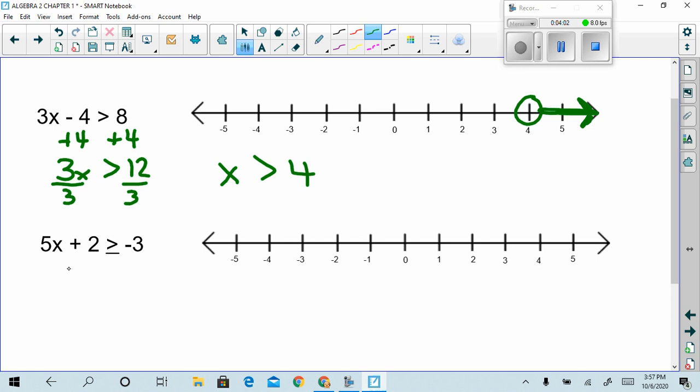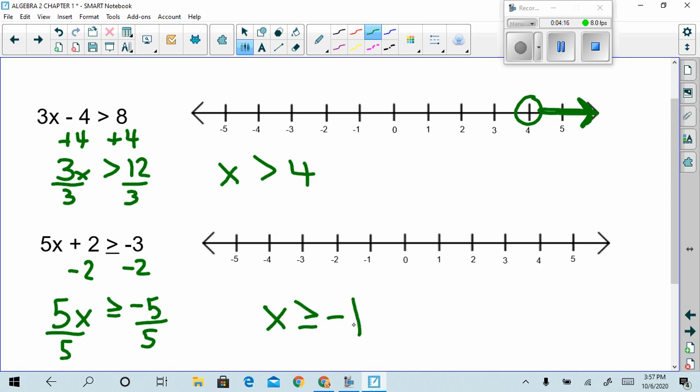My second one is subtract 2 on both sides. I get 5x is greater than or equal to -5. I'll divide both sides by 5, and I get x is greater than or equal to -1.